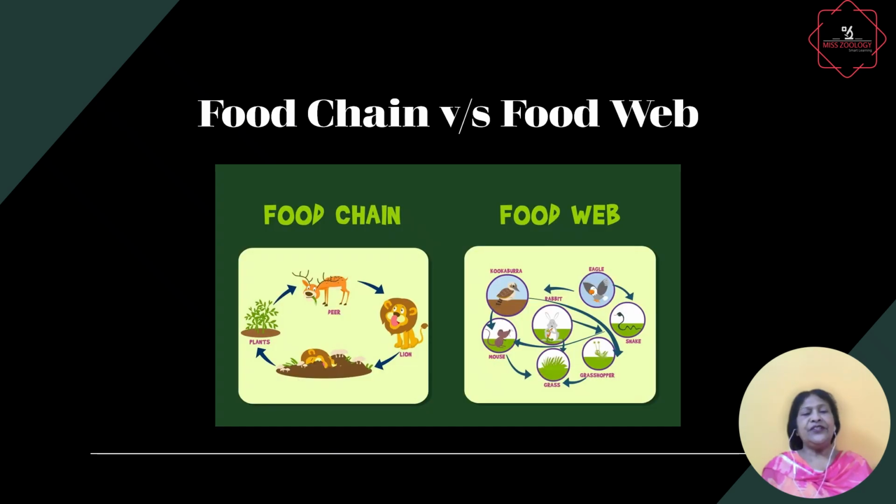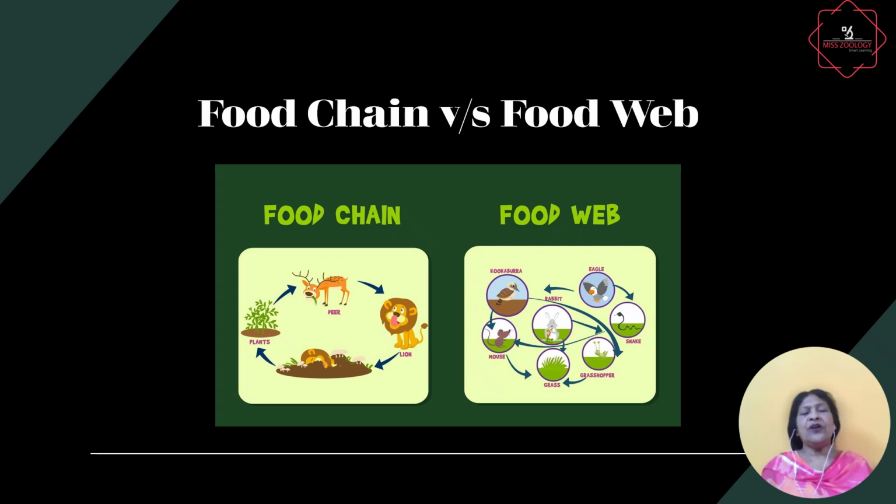In order to differentiate between a food chain and a food web, we will try to hit the point on its definition. A food chain is a linear sequence of organisms for eating and being eaten up. But on the side of food web, you must write these are interconnected food chains that exist in an ecosystem.